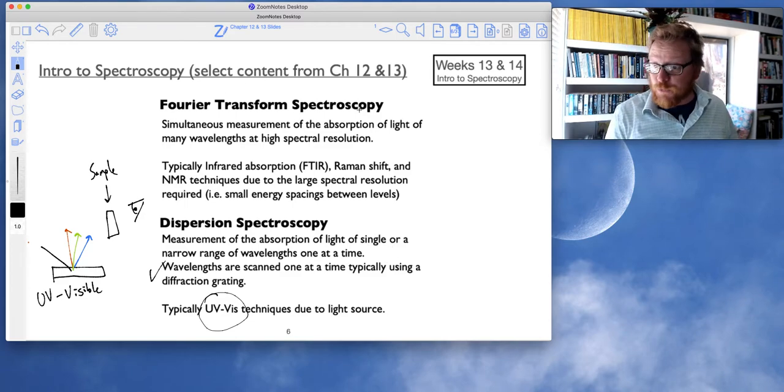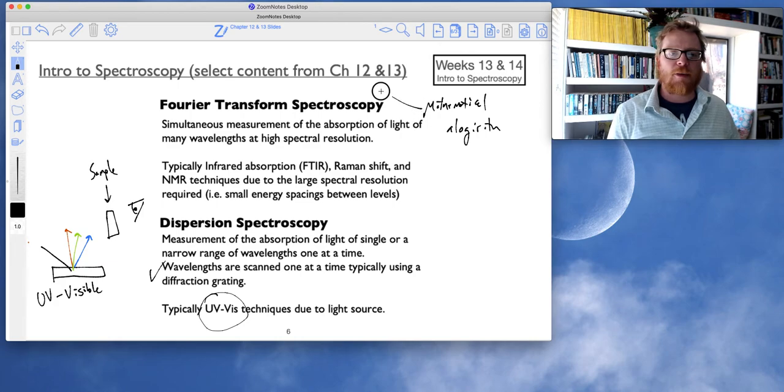So the Fourier transform technique: Fourier transform is a mathematical algorithm. So we'll write that down. Mathematical algorithm, assuming I can spell algorithm. It's a mathematical algorithm that converts the time domain to a frequency domain.